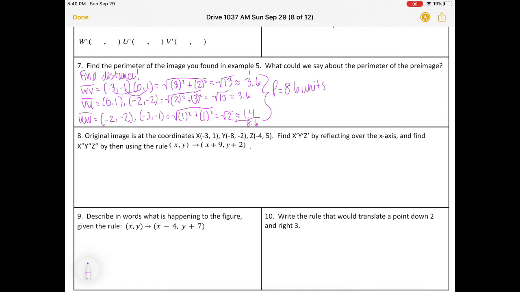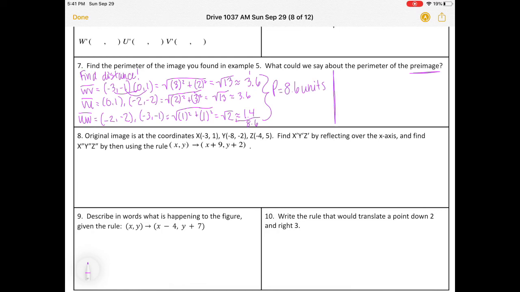Okay, and it also says, so reread your question, remember, what could we say about the perimeter of the pre-image? So the pre-image is just what you started with before you did the transformation. Since those should be congruent each time, it's not changing the size, it's only changing its location if it's a translation. So think about for a sec, talk to your neighbor if you need, what could we say about the perimeter of the pre-image?